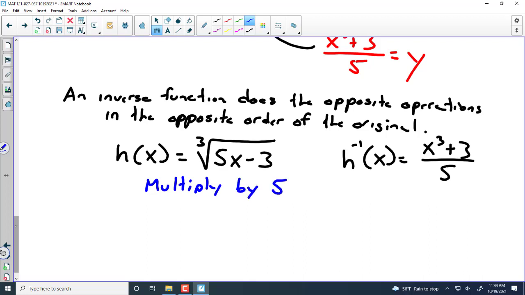Everyone cool with that? After you multiply your number by 5, what would you do next? Subtract 3. Everyone with that? You'd subtract 3. Then what would you do? Not cube it, cube root it.